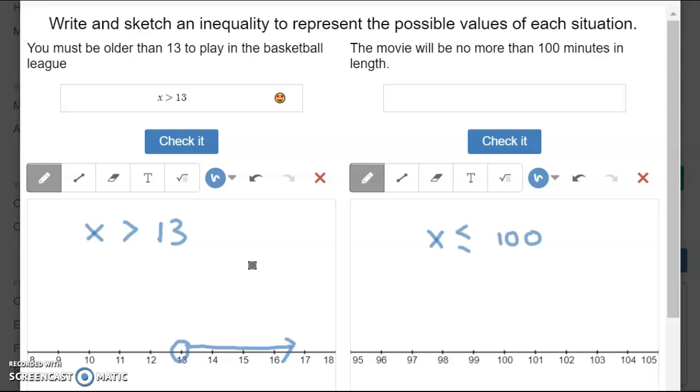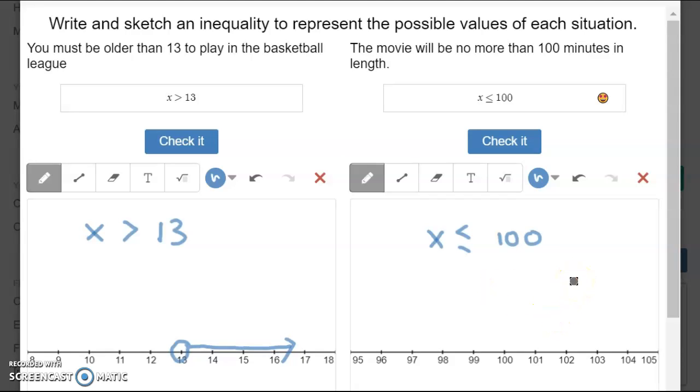So I type in my less than, so x is less than, and if I type in an equal sign right now, it's going to change that into less than or equal to. And then 100. And then I check it, and it's going to give me a happy face. If my inequality is incorrect, I am going to get a sad face so that you know that you're not doing it correctly.